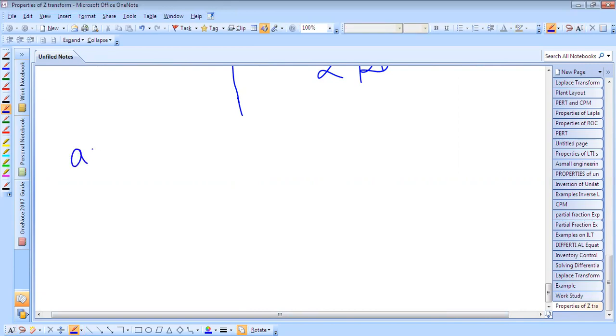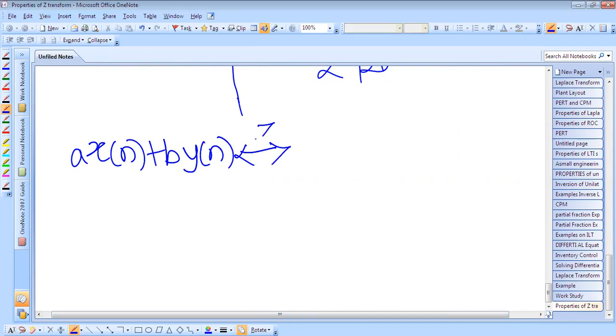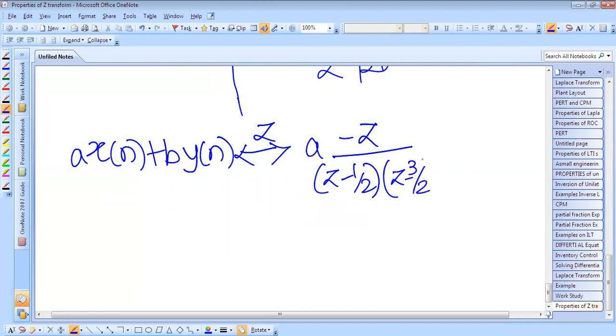So a into x of n plus b into y of n has Z transform a into minus Z over Z minus half into Z minus 3/2, plus b into the Z transform of y of n, which is minus 1/4 Z over Z minus 1/4 into Z minus half.